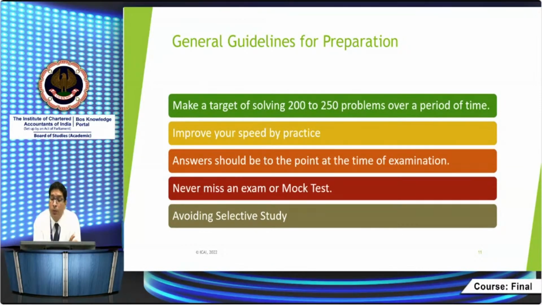Further, you need to improve your speed. In this particular exam, you have to take care of your speed. स्पीड को कैसे इंक्रीज किया जा सकता है? हाउ कैन आई इंक्रीज स्पीड?